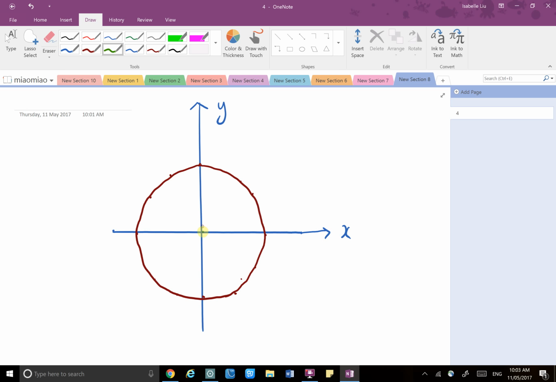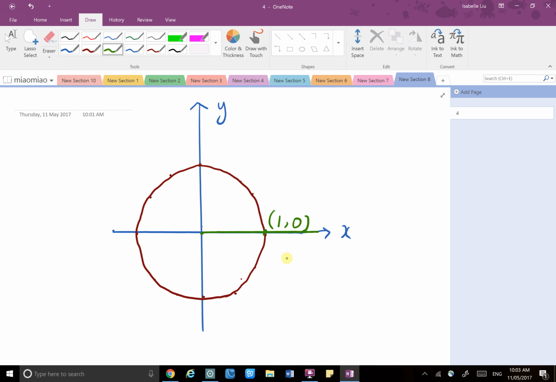0 degrees is from the center. You sketch a line which is the same as the x-axis, this green line. Where does it intersect with the unit circle? The green line and the unit circle intersect at the point (1, 0). So is the cosine value represented by x or y?